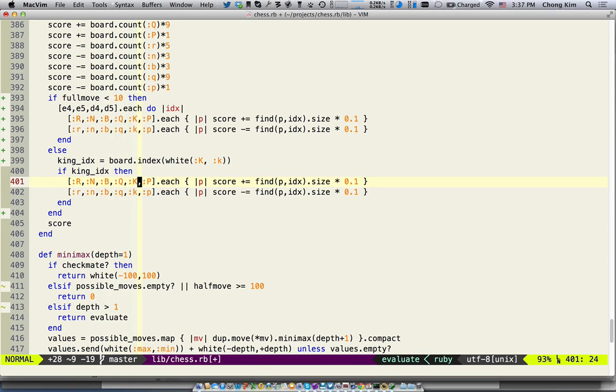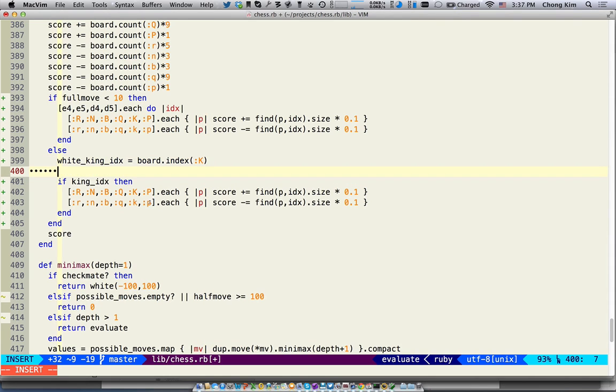Okay, so let's do the same thing as this. Right, actually, there are two kings, right? There's the white king. Okay, white king index is equal to index of K, and black king index is equal to index of lowercase k.